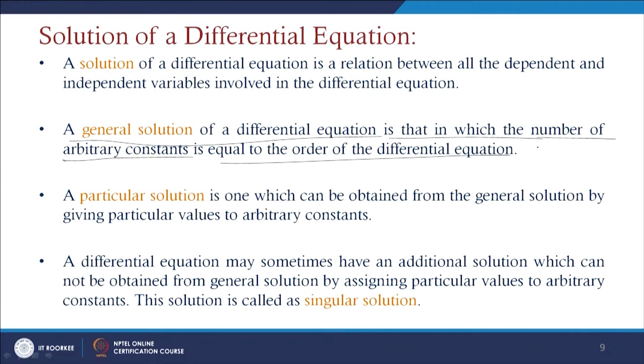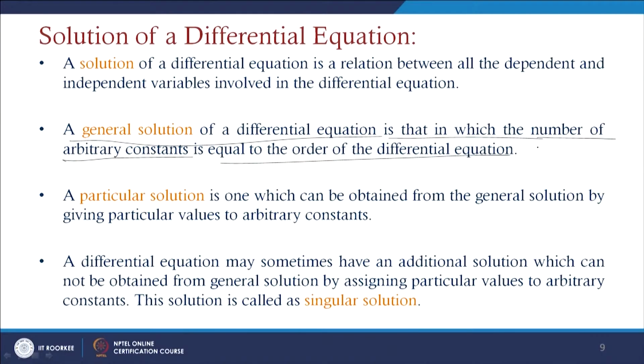That means whatever the order of the differential equation, the same number of constants will appear in the solution itself. A particular solution can be obtained from the general solution by giving particular values to the arbitrary constants.